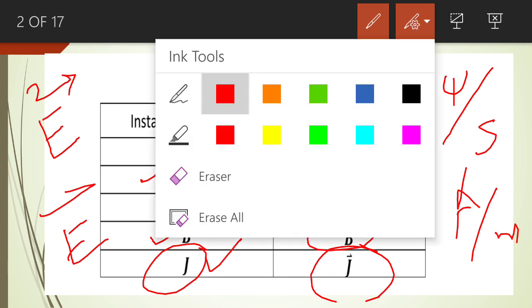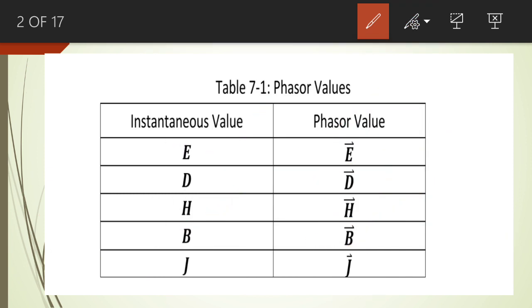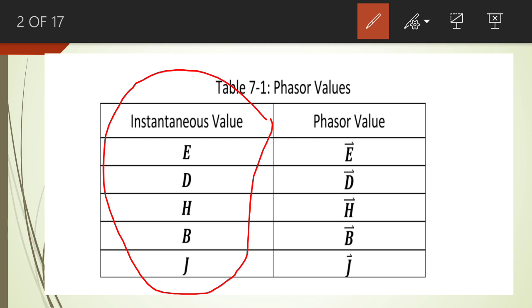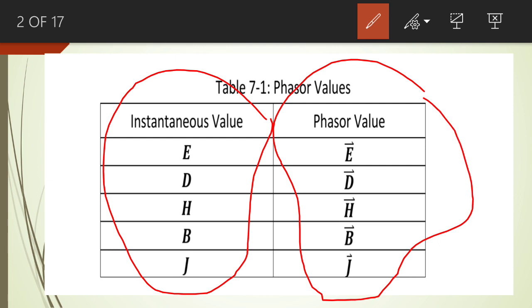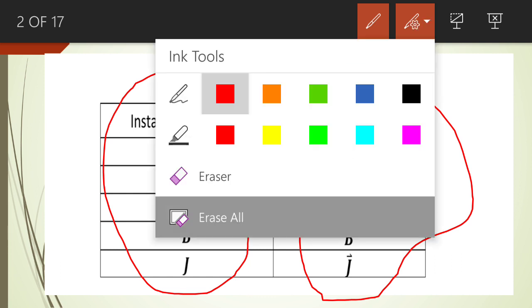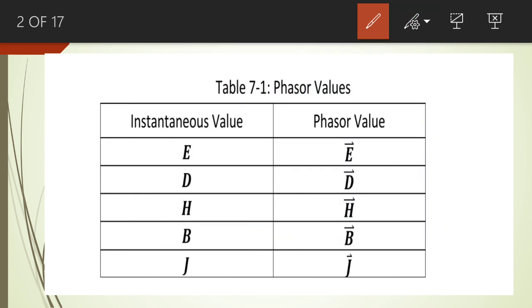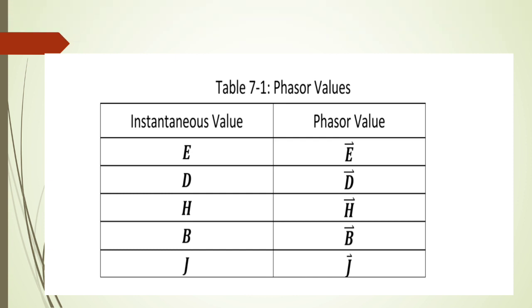So if we consider this table, these are the instantaneous values of different electrical quantities, and these are the phasor values of different electrical quantities. So we are going to consider the 4 equations of Maxwell in instantaneous as well as phasor form.